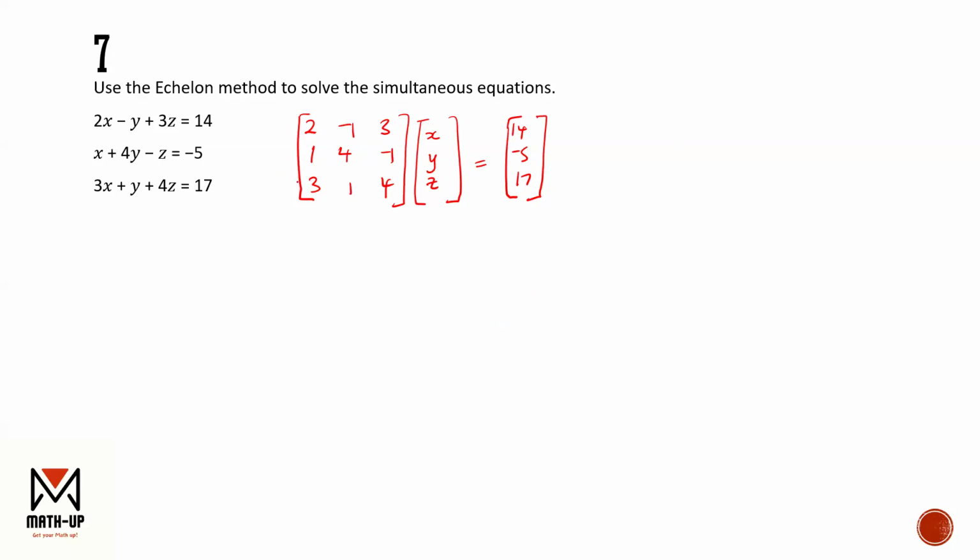An upper triangular matrix is basically one where this would be a 0, this would be a 0, and that would also be a 0. So that would be upper triangular. And the aim of that is such that we'll simply be able to have the equations that will give us the solutions to our unknowns straight away. So that's the aim.